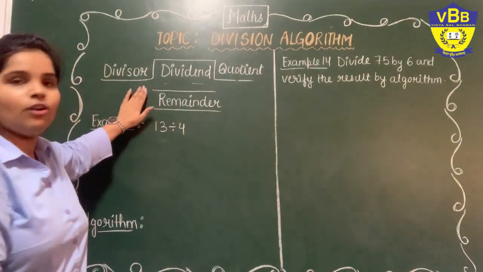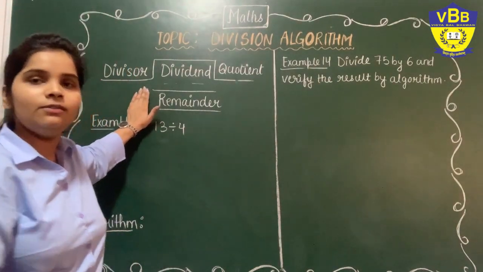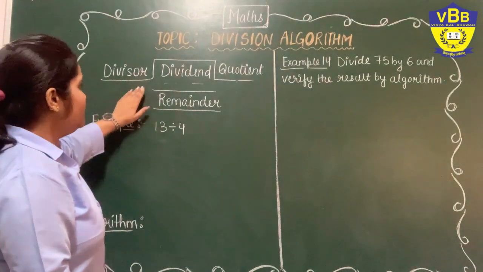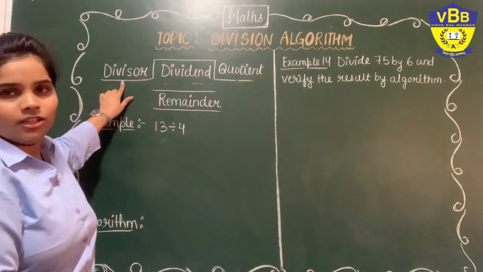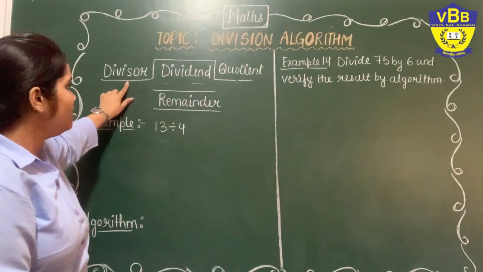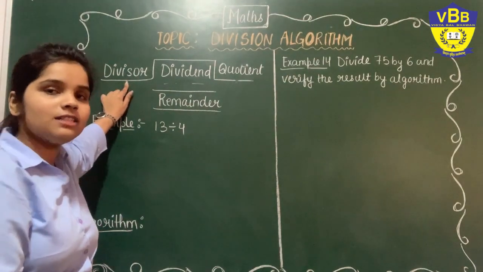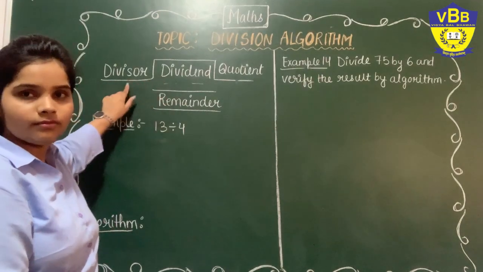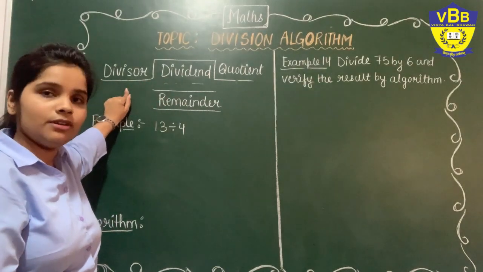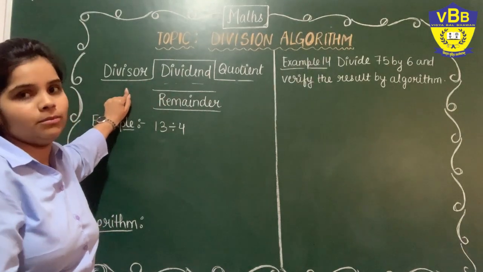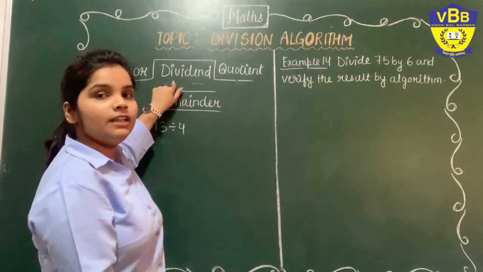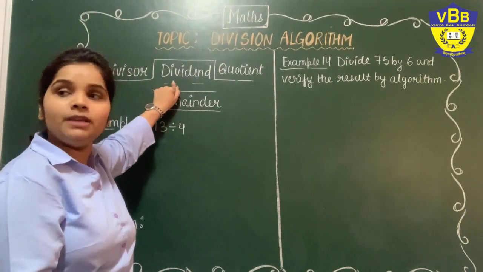I have made a column so that you can understand it very well. These are the terms. First, divisor. Divisor is the number which divides the given number. And dividend is the number which is being divided.